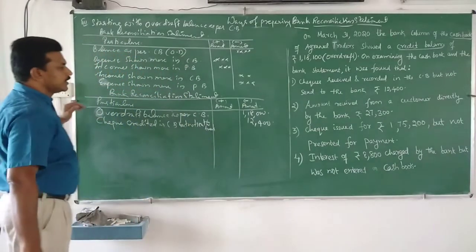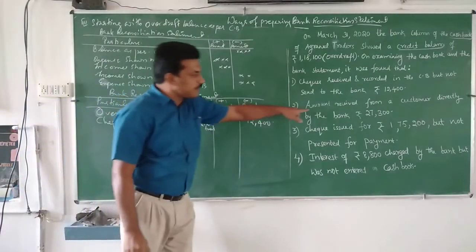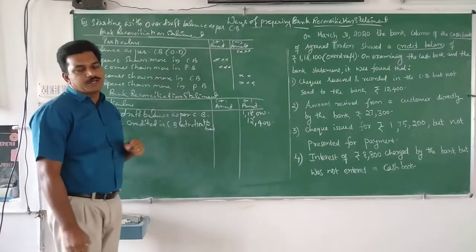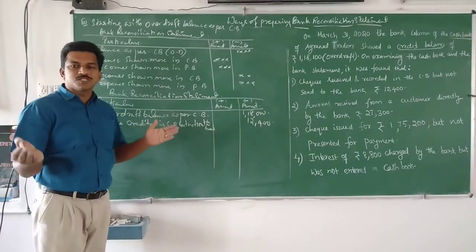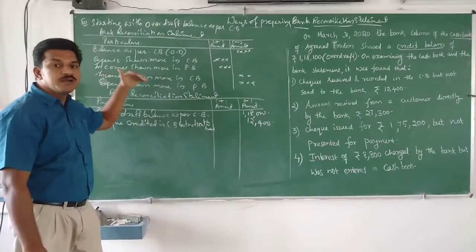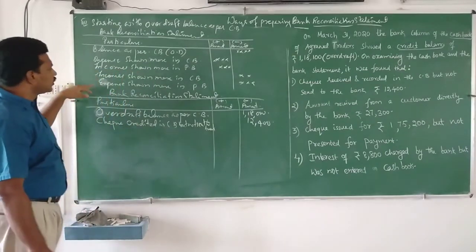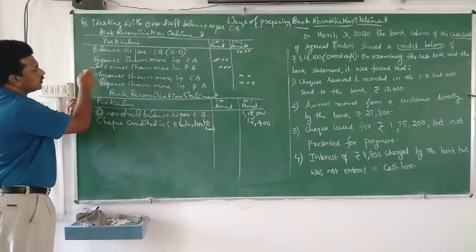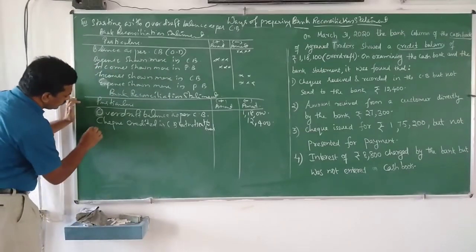Then next. Amount received from a customer directly by the bank. Means our customer deposited money directly into bank. Means income shown in passbook. What to do? It should be added.